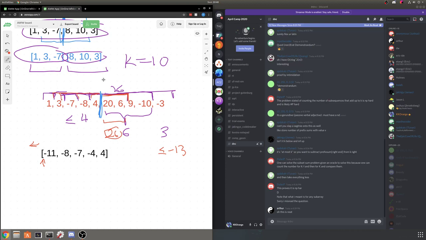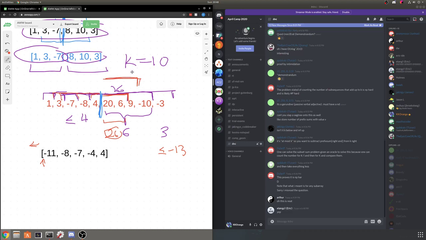Let's take a more interesting example. Maybe you find a range whose sum is, what would be an interesting number? Let's say 12. So that means that because k is 10, you need the total sum to be less than or equal to negative 2. So negative 2 would be here-ish in the array between this 4 and negative 4.